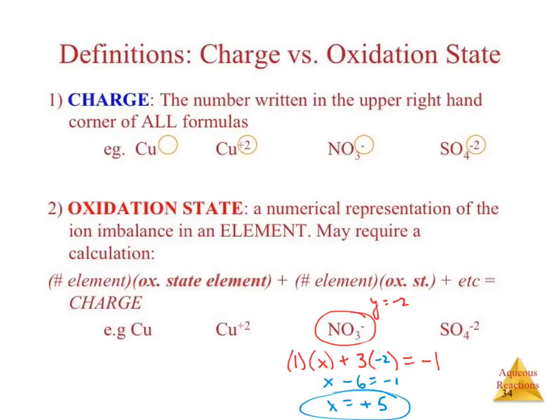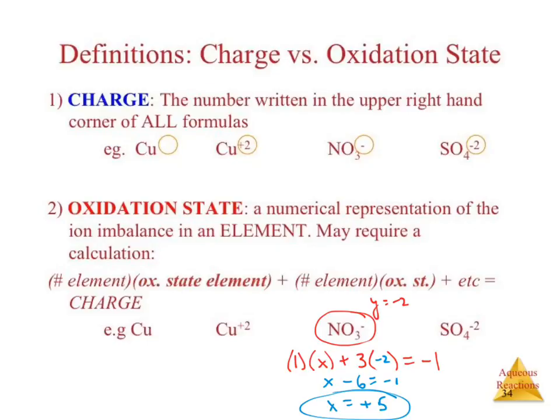The oxidation state for nitrogen in nitrate is +5. The oxidation state for oxygen is -2. Okay? Memorize the oxidation state for oxygen. After that, you can pretty much just run off of this nice little equation.